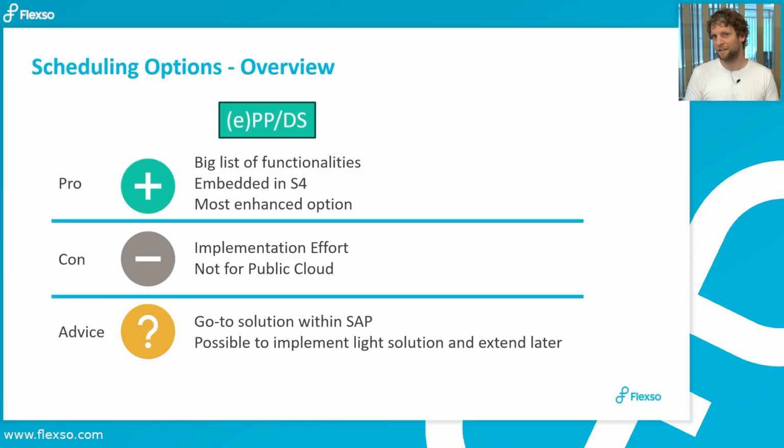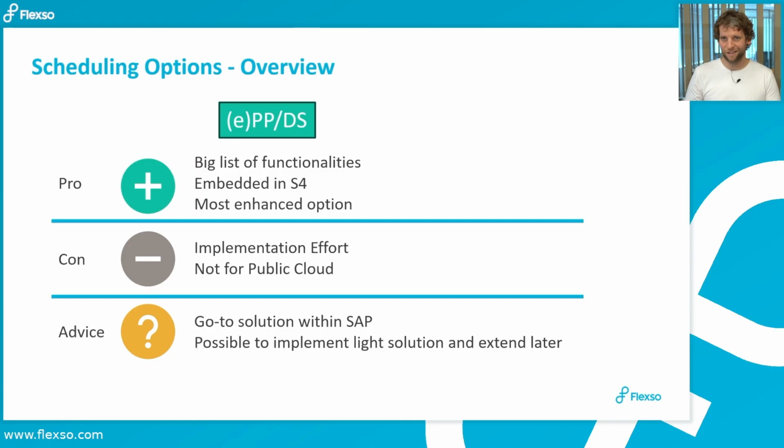And there's also a license cost, of course. Another con: if you are using S4 public cloud, then this option falls away altogether. It's technically not feasible to use it in the public cloud. So our advice, this is actually the go-to solution within SAP, but you have to see for yourself whether your scheduling requirements are complex enough to go for ePPDS.